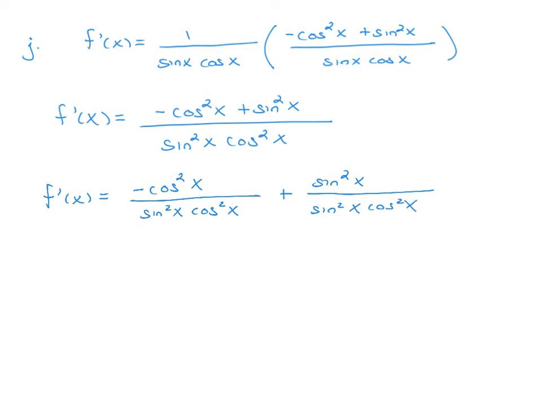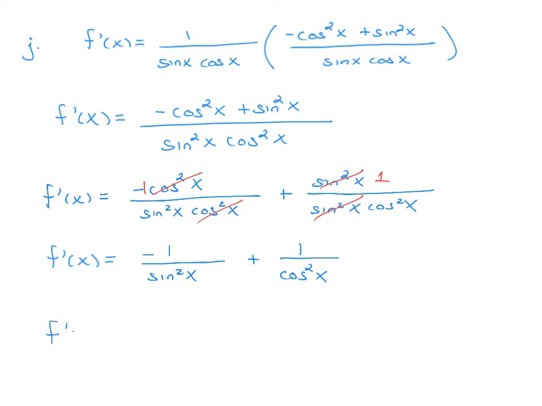So this cosine cancels with that cosine, and we really have negative 1 in the numerator. This sine squared cancels with that, and we have a positive 1 in this numerator. So we could express the answer as f prime of x is equal to negative 1 over sine squared of x plus 1 over cosine squared of x.